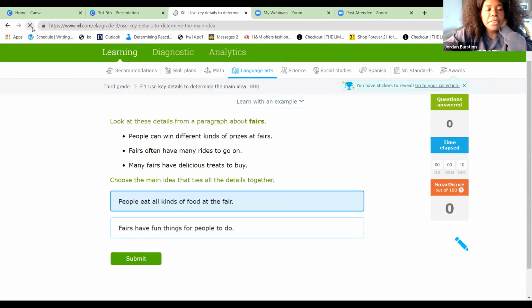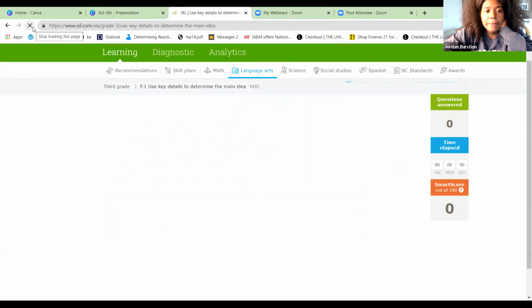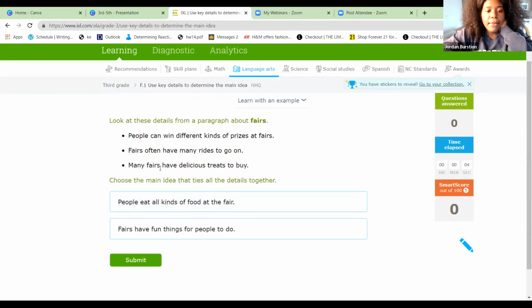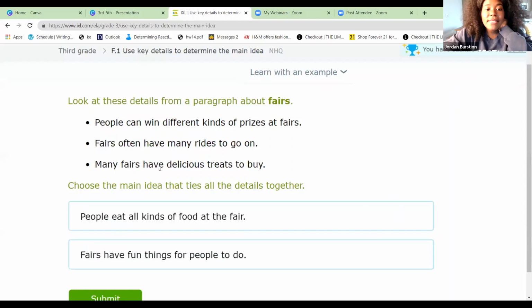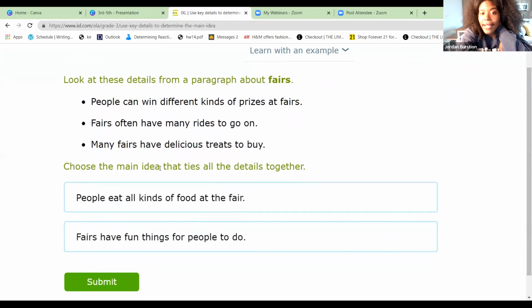Let me refresh it. Okay. So they gave us details from a paragraph about fairs, like a county fair, a carnival, and they want us to choose the main idea that ties all the details together. So if you were writing a paragraph that had these details, what would you title your paragraph? That's another way to think about it.